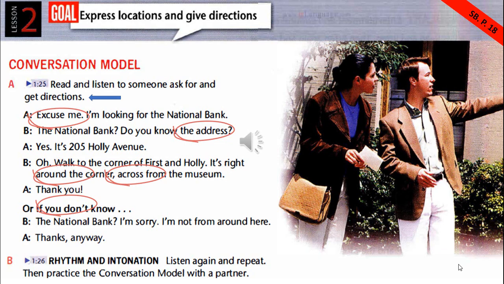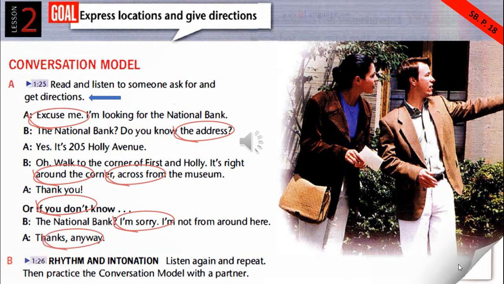Thanks anyway means I thank you anyway. It's good to practice this dialogue at home and focus on certain vocabulary. Here we focused on expressions like address, around, corner, across, I'm sorry. These expressions are very, very important.